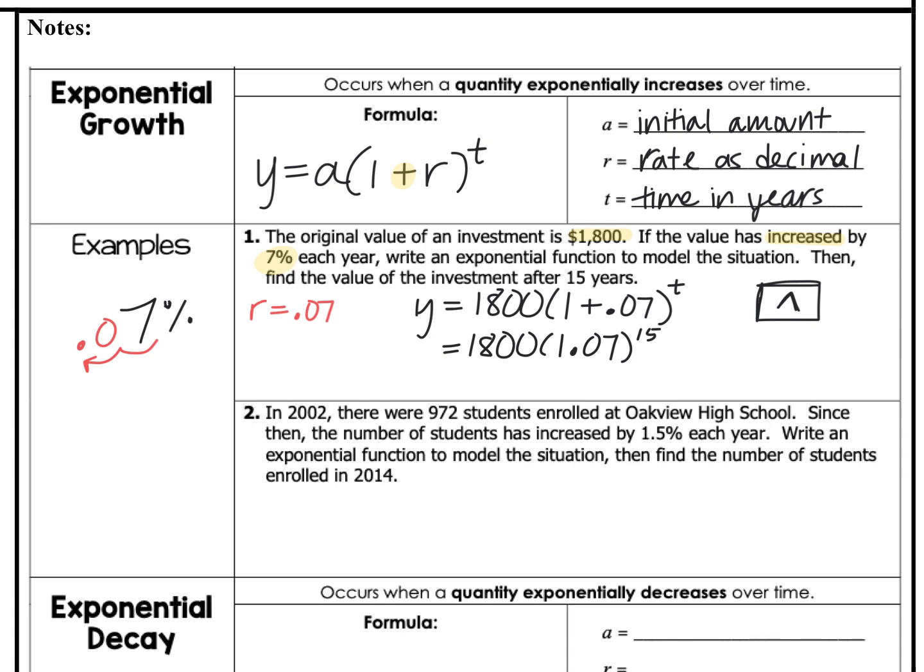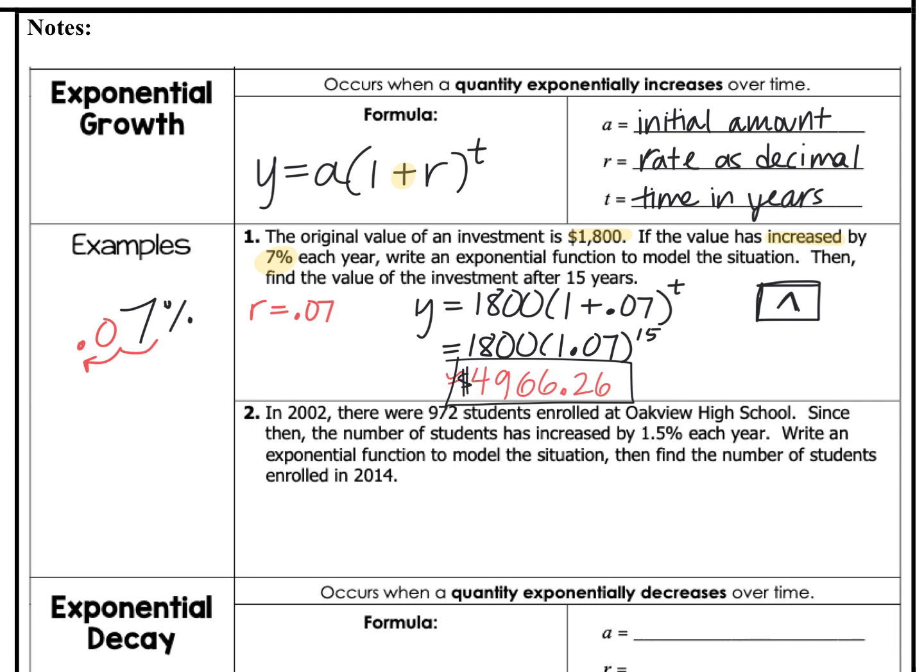Let's not do that. It is approximately 4,966. And if it's money, how many decimal places do I do? 2, because of cents, and put a dollar sign. That would be the correct answer, okay?